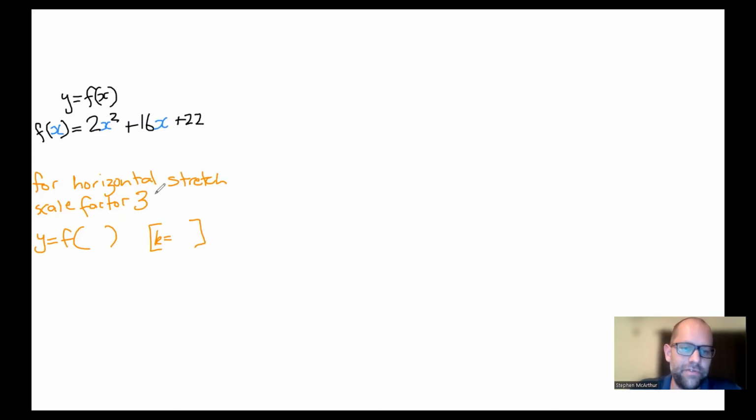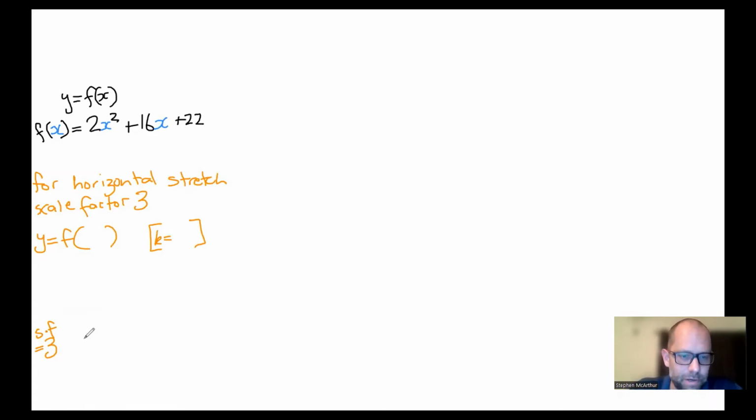Now, if the scale factor is 3, let's just do the quick working out here. The scale factor equals 3. If you know how reciprocals work, this will be easier to spot, and if you don't, it works the same both ways.